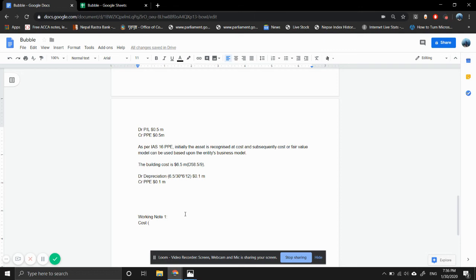Cost is 8.5 divided by 9, this is dinar, which is equal to 6.5 million.